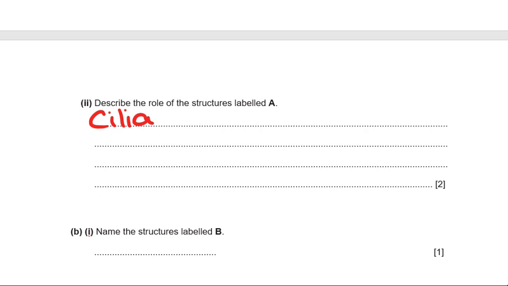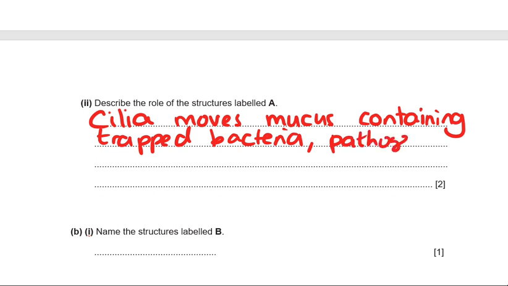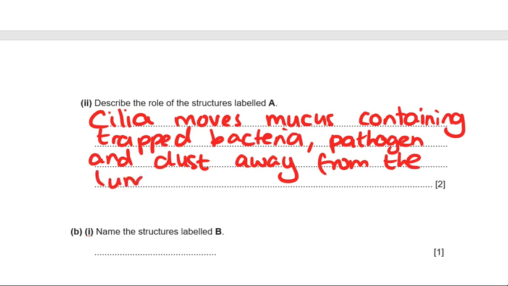So how do we word that to answer this question? Cilia moves mucus containing... The marks here are actually talking about moving mucus, and that's your first mark, and you are saying away from the lungs is your second mark over here.